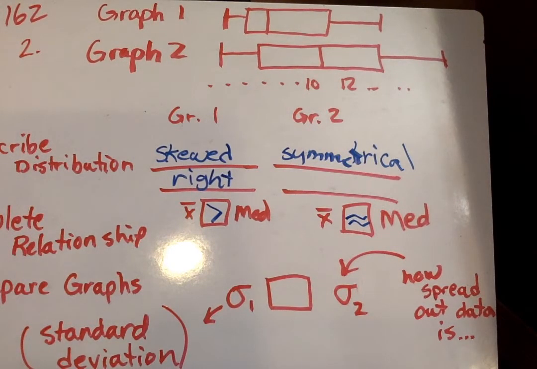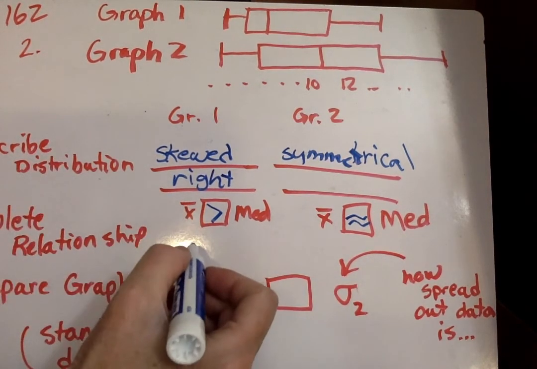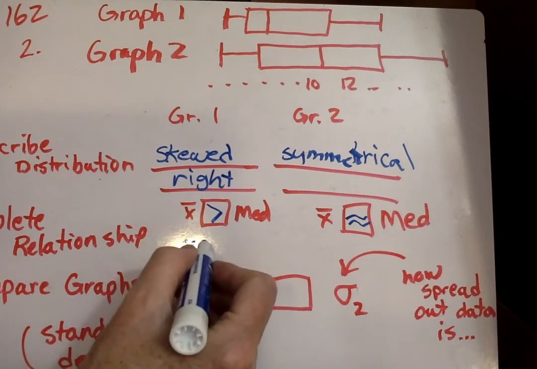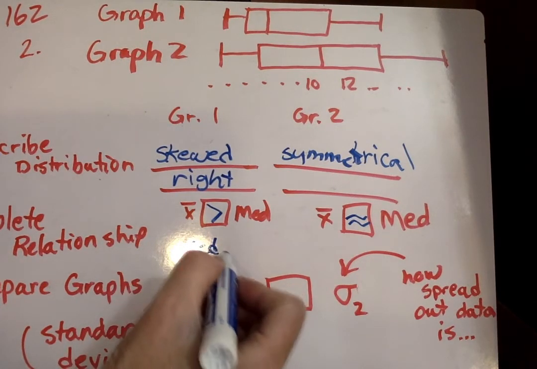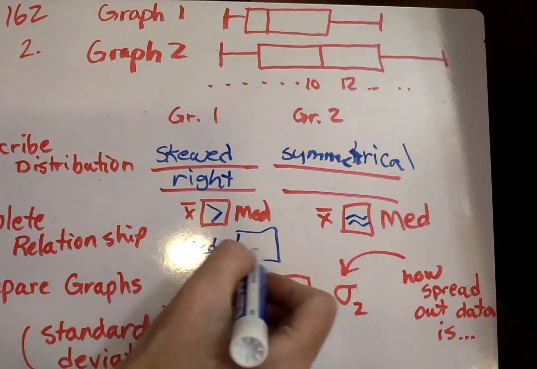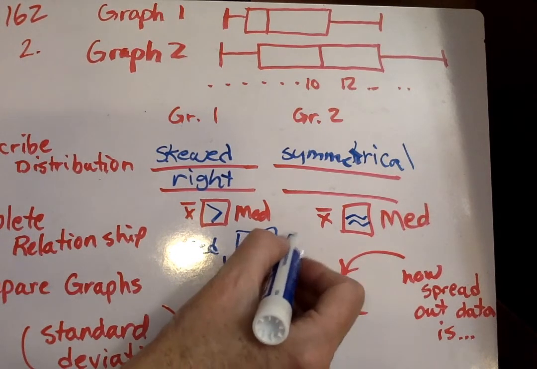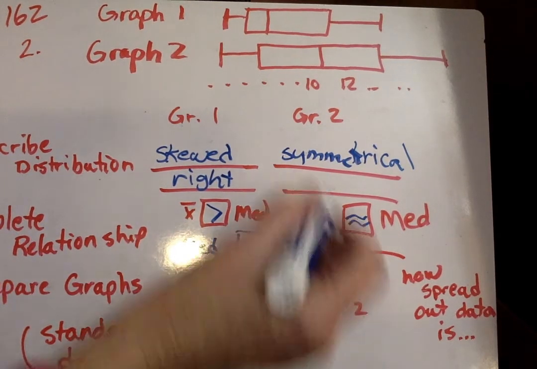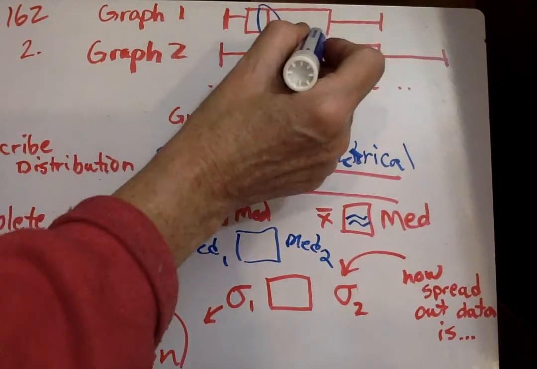Now we compare the graphs. Oh, I forgot to write median 1 as compared to median 2. So they're talking about this line in the middle. There's the median there.